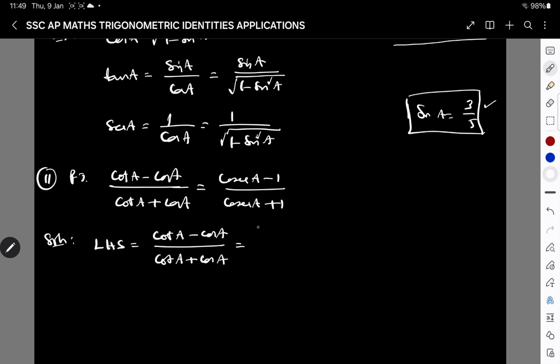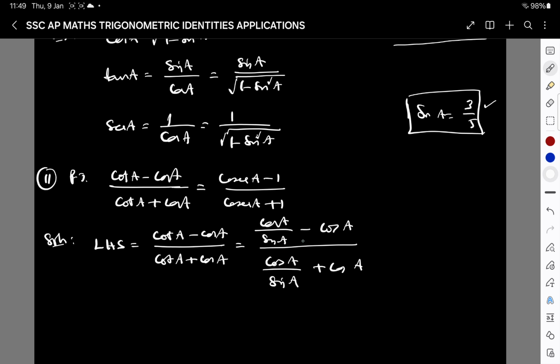So I will write cot theta as cos theta by sin theta, or cos a by sin a, minus cos a, divided by cos a by sin a plus cos a, right?